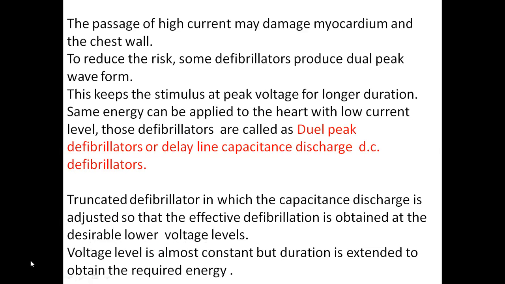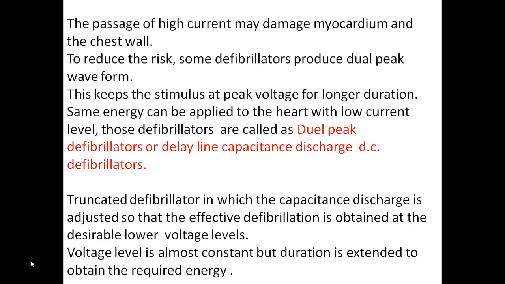In this truncated discharge defibrillator, the applied voltage is constant. The voltage level is almost constant, but the duration is extended to obtain the required energy. So we have to apply it for some more time. The defibrillator should be applied to the patient for more time.